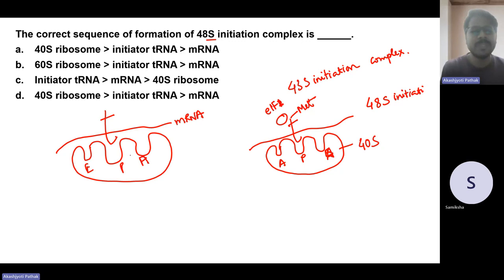Which one is recruited first, and then which second, which protein will be coming, and which will bind to that mRNA. There is a difference between prokaryotes and eukaryotes, and after that, the names are also different. Yes, actually, there is a lot of confusion that happens.